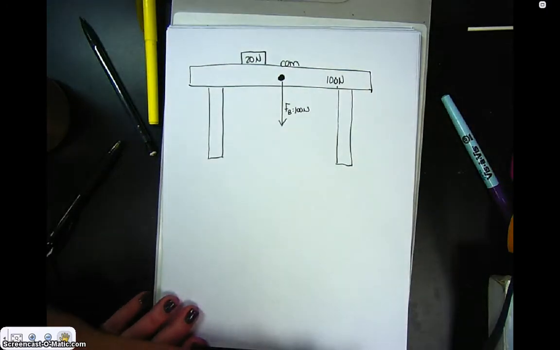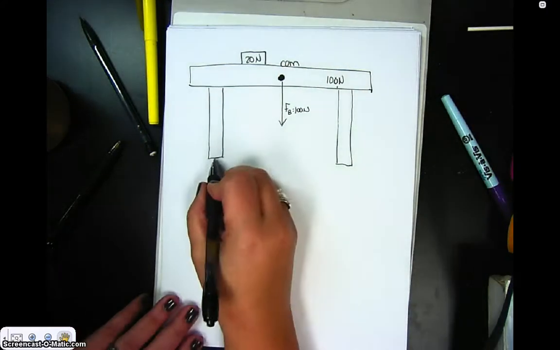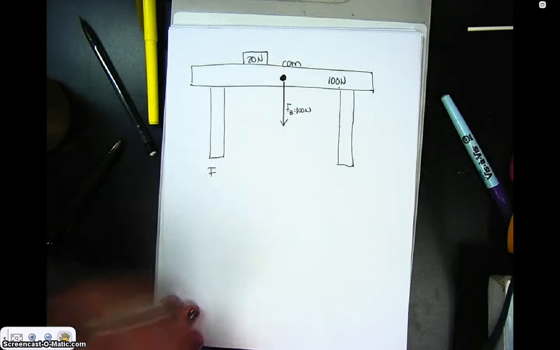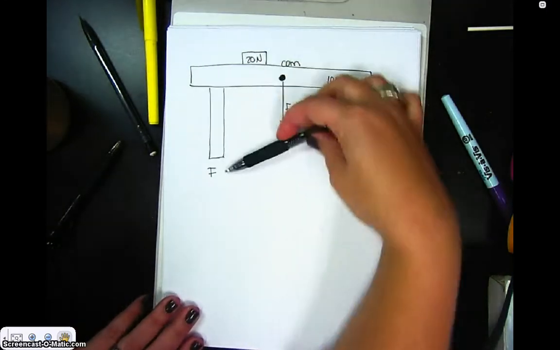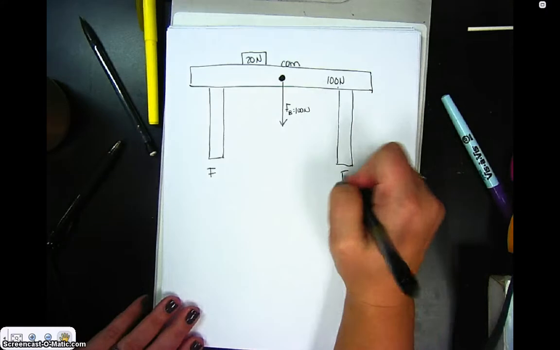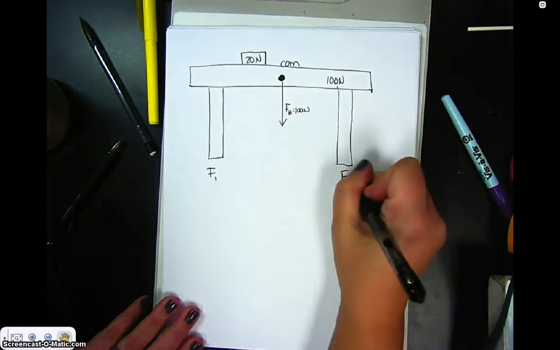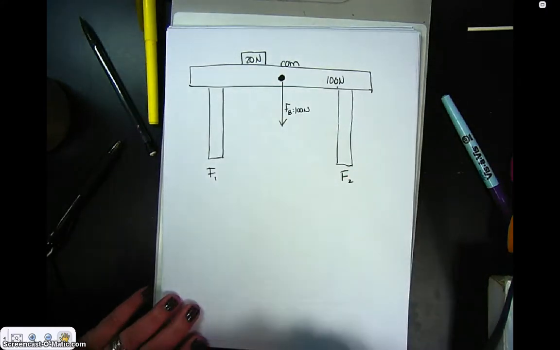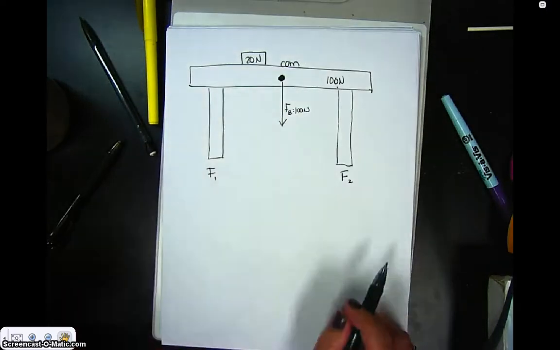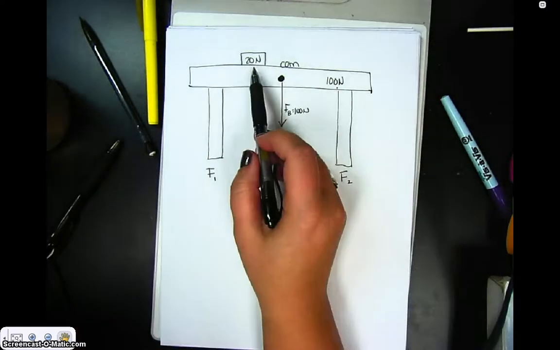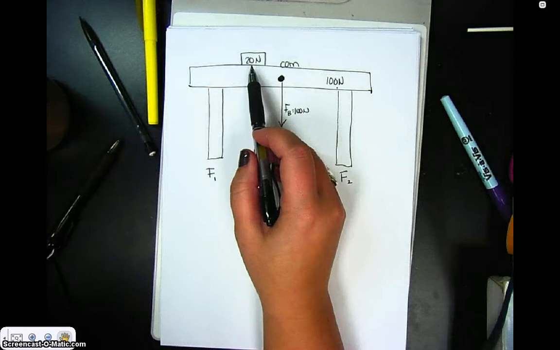So my question is, what force is this leg exerting such that the table isn't crashing down? And what force is this leg exerting? We'll call those force 1 and force 2, keeping this side of the table from going down. And we know they're different just because of the location of this box, right?